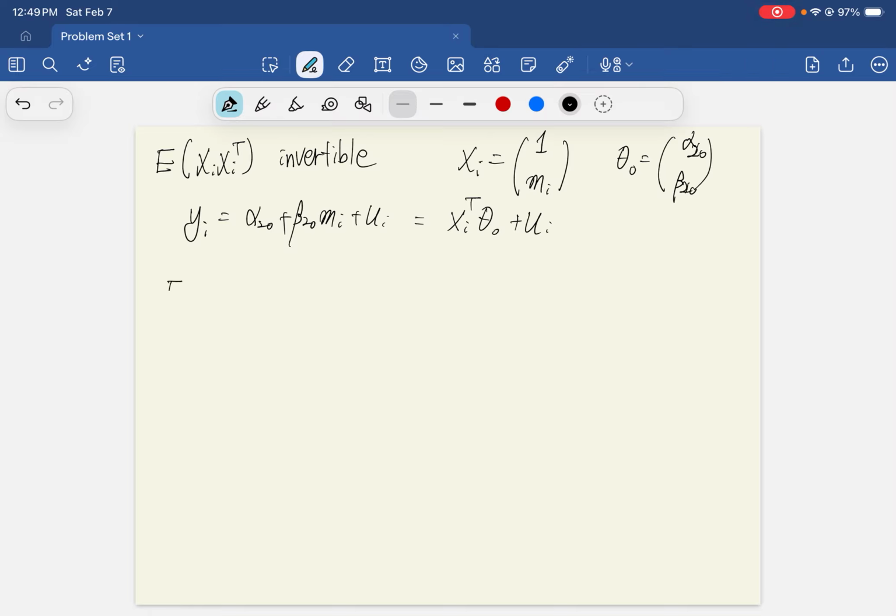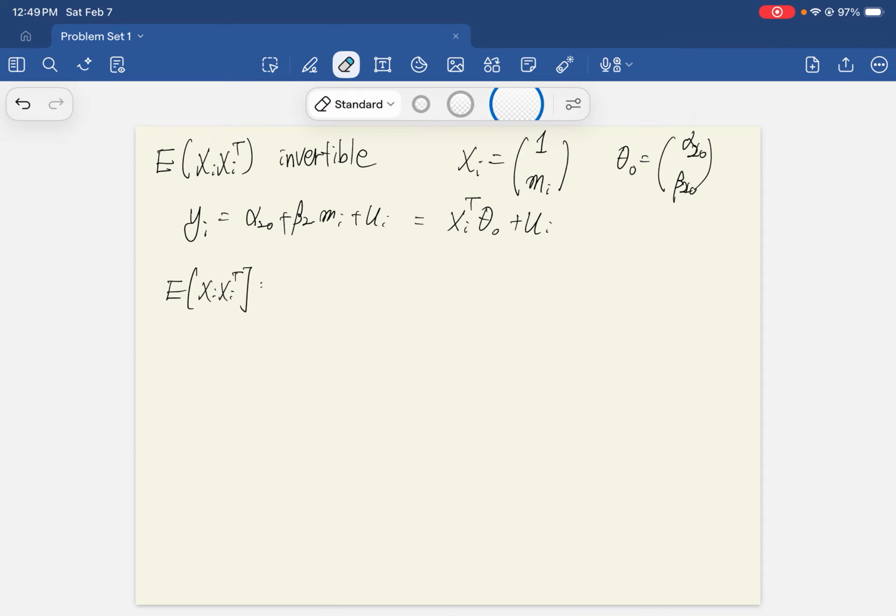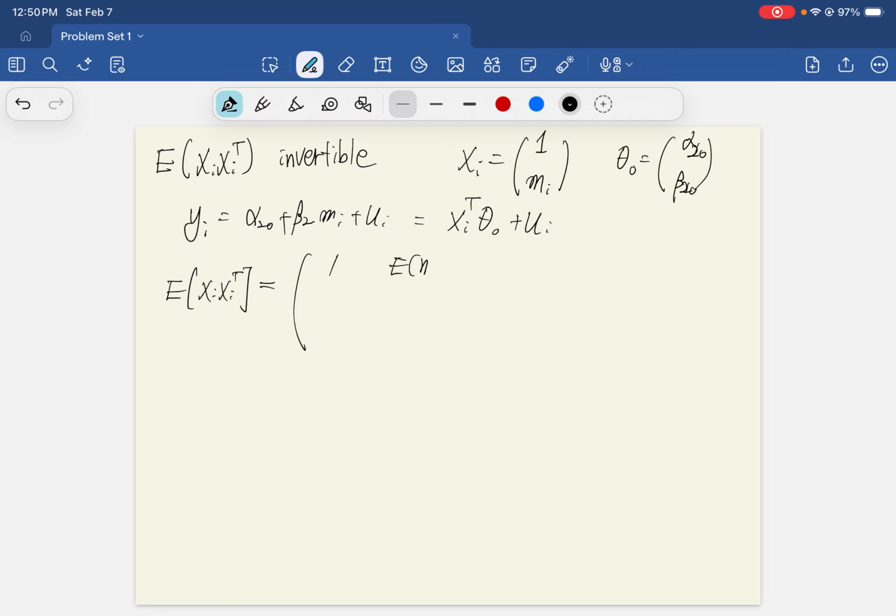Then the expectation of x_i x_i transpose can be written as a 2x2 matrix: 1, expectation of m, expectation of m, expectation of m squared.